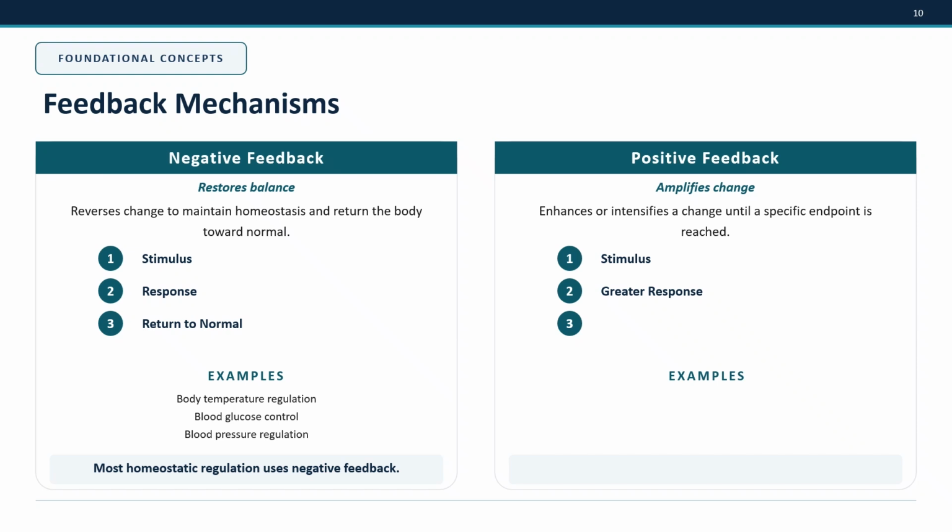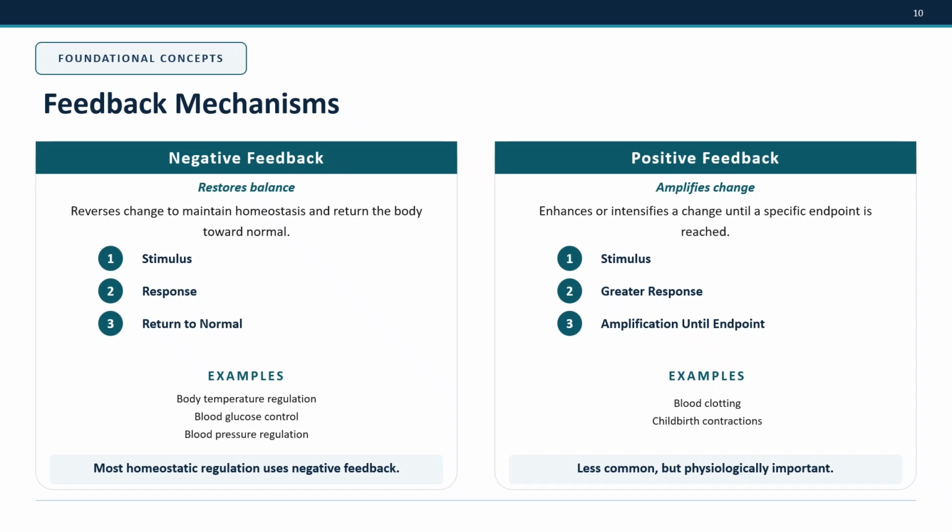As these contractions begin, when a woman is going to give birth, the body just keeps pumping out oxytocin to make these contractions happen more and more until a specific endpoint is reached, which is delivery of the baby. This does also happen with blood clotting, for example, but childbirth is the most commonly used example of positive feedback. So less common, but physiologically important.